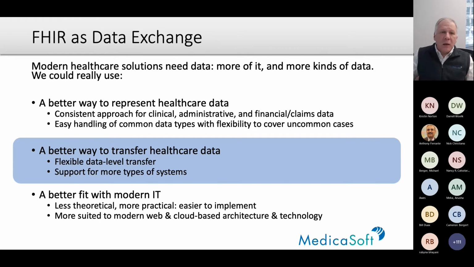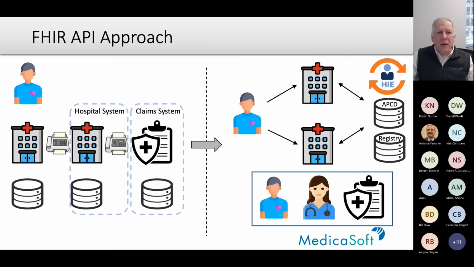Sure, absolutely. If we look at a high-level view of our current environment, on the left side we have individual systems that were built to handle their own data and the exchange of data. Yes, I included a fax machine because many times we have custom ways, even paper-based ways, of exchanging data.